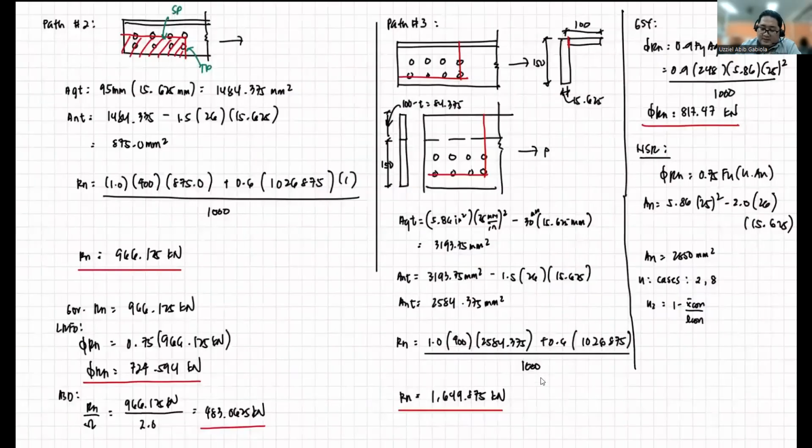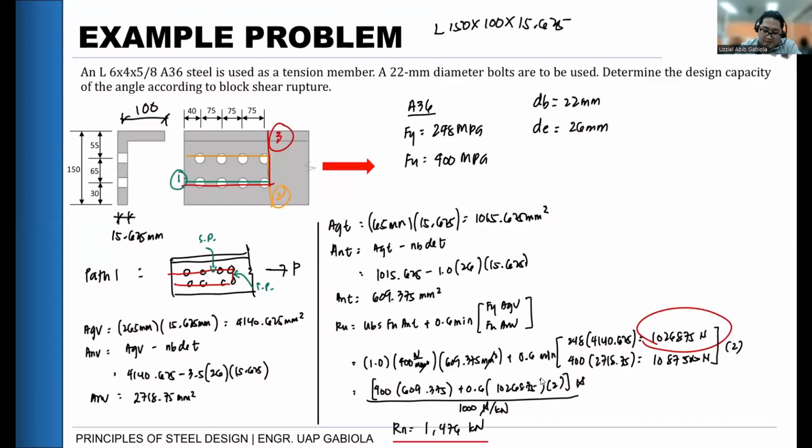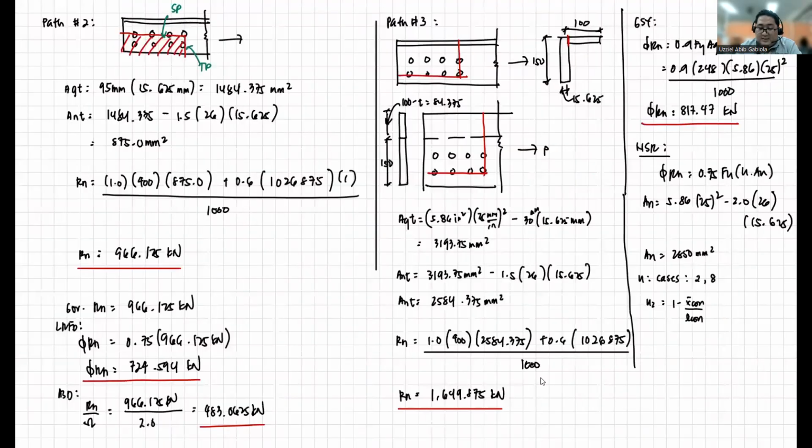Pag tinignan nyo yung diagram ng table 1-7, ito yung connected part, yung long side. So, ito yung ating centroid. So, kailangan natin yung position, yung distance na to, which is bar x. So, tingnan nyo lang yung value ng bar x dun sa table 1-7. So, hindi ko na i-pull out dito. Double check nyo na lang.